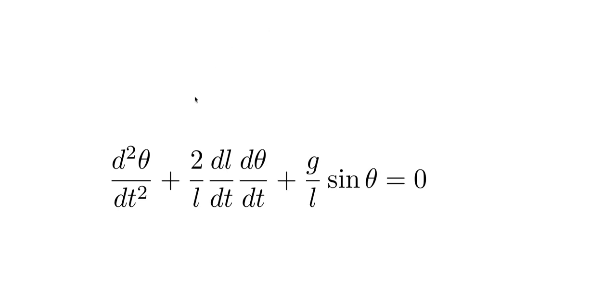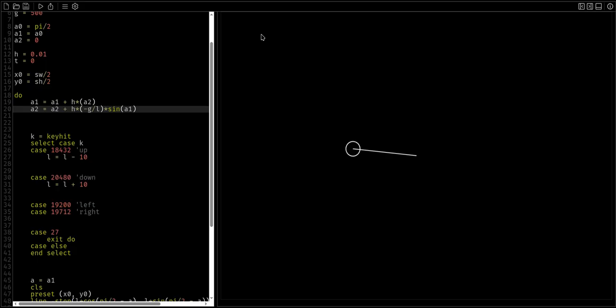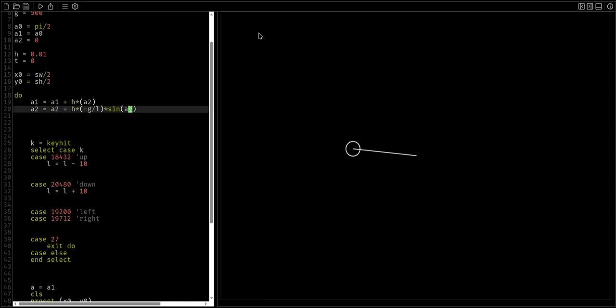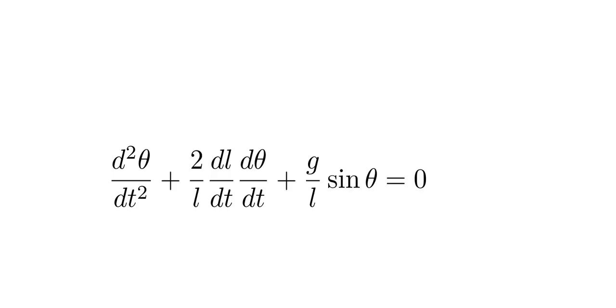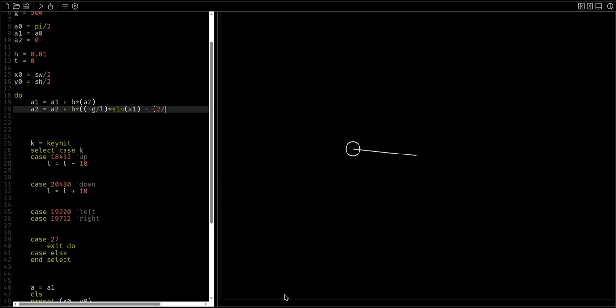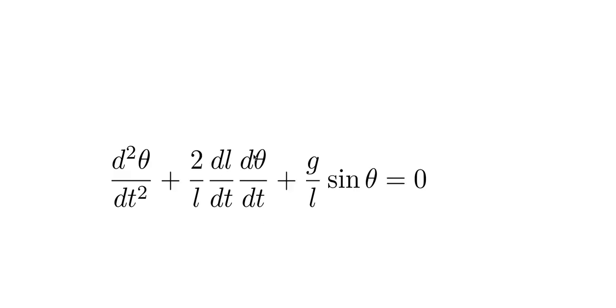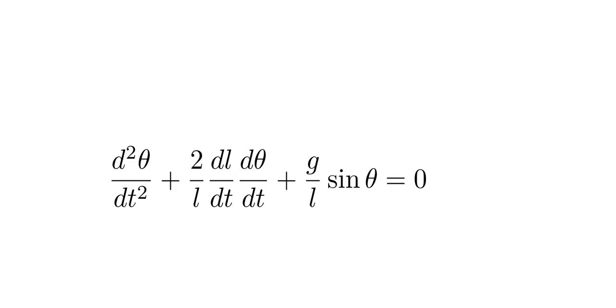Anyways, so the first thing we'll notice if we isolate the second order derivative, these terms simply, so this becomes minus 2 over L times derivative of L times derivative of theta, which we define to be A2.